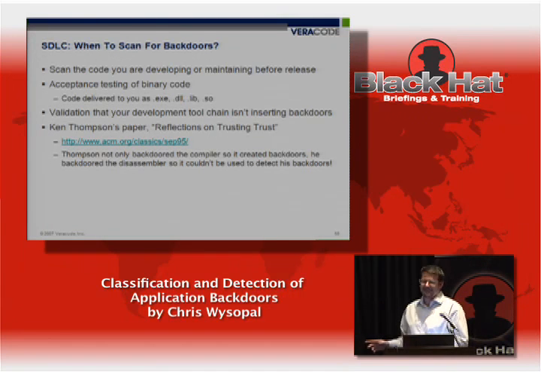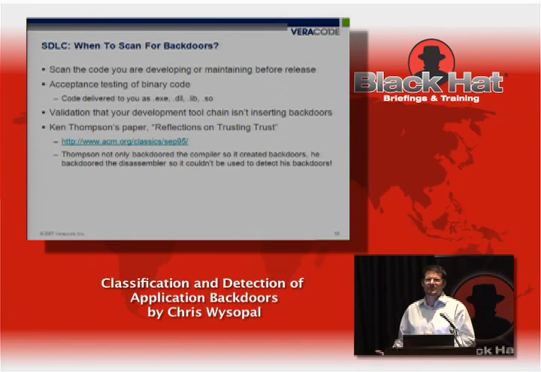So he went one step even beyond this, and he backdoored the disassembler so that if you disassembled the binary code to look for backdoors in the login program, the disassembler would hide the backdoor code from you. So this guy kind of did it all, right? He covered all his bases. So an interesting thing is, can we trust our development tool chain?